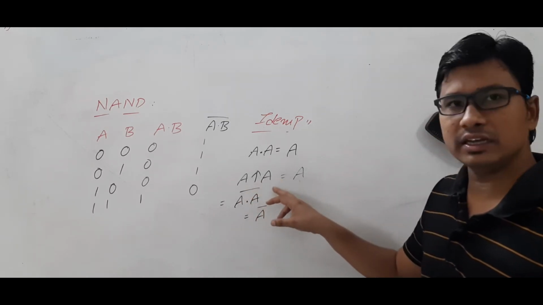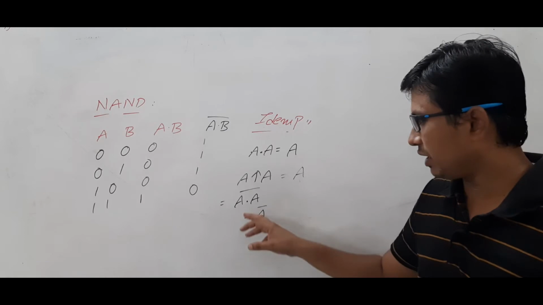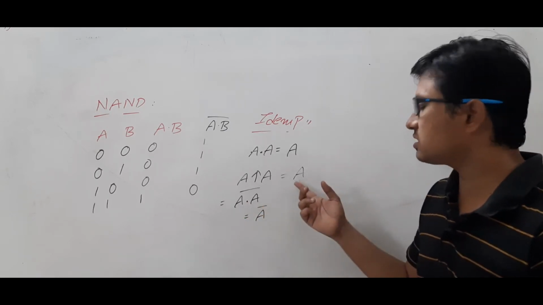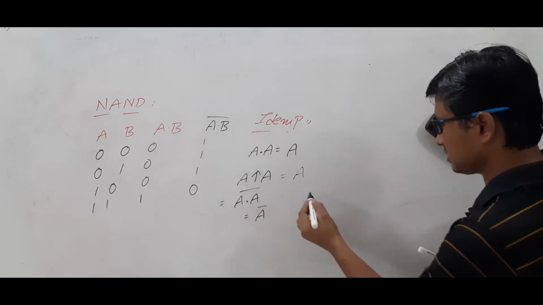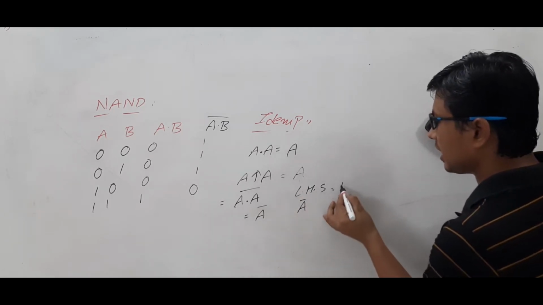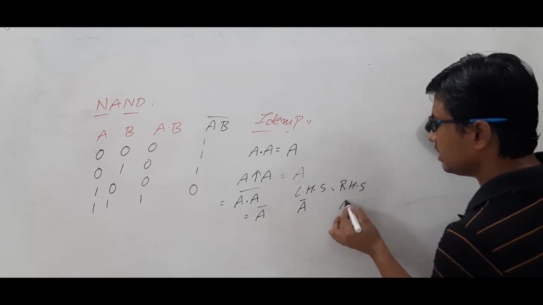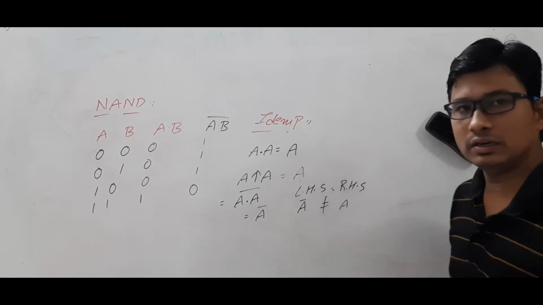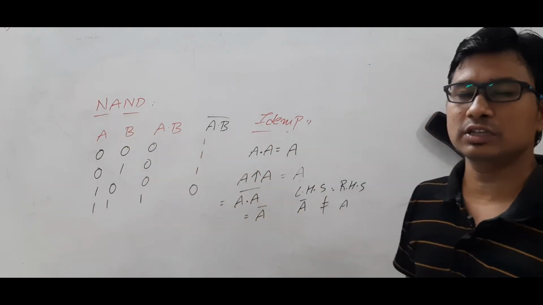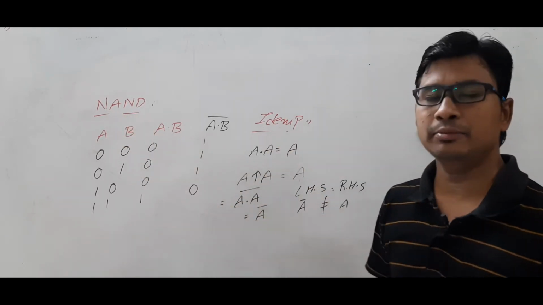A NAND A should produce A, but when we perform it, we got A complement. So LHS is not equal to RHS. Am I right or wrong? On the LHS I got A complement and on the RHS there is A. They are not equal. So I can say that the NAND function does not satisfy the property called idempotency.